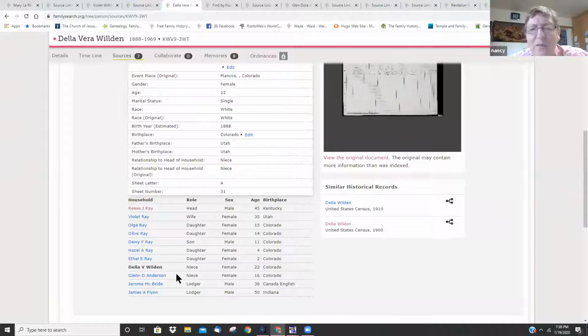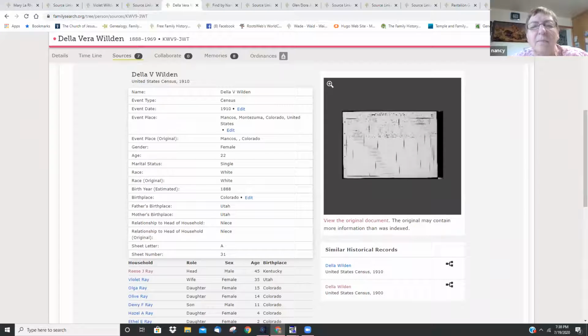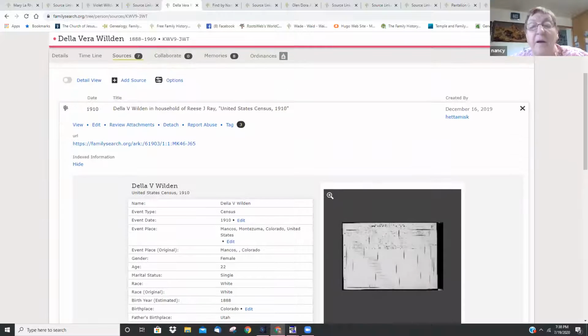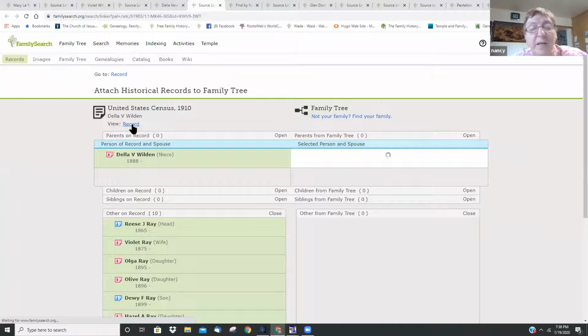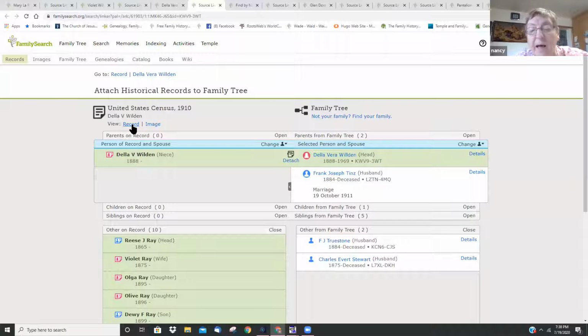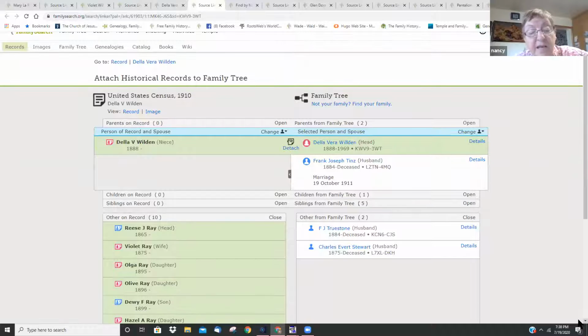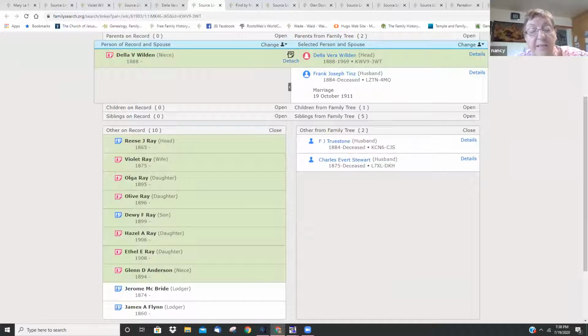Now, that doesn't make any sense to me at all. So, if I come up here and review attachments, because somebody else had already attached that as a source, it is going to tell me that Della has been attached, and it lists these other people, and it lists Glenn as somebody that hasn't been attached yet.